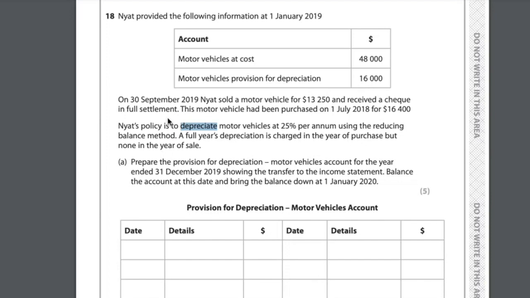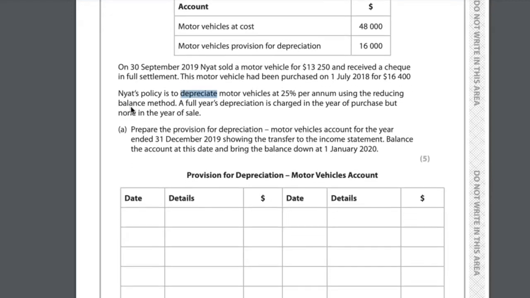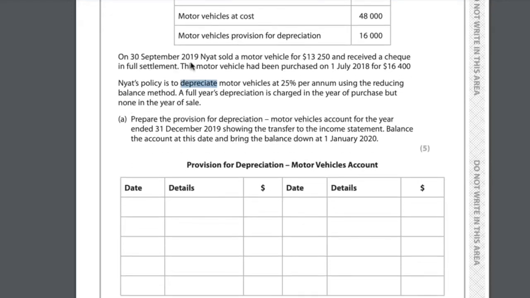Yes, sir. Now, the next part is that on 30th September 2019, Nayat sold a motor vehicle for 13,250 and received a check in full settlement.